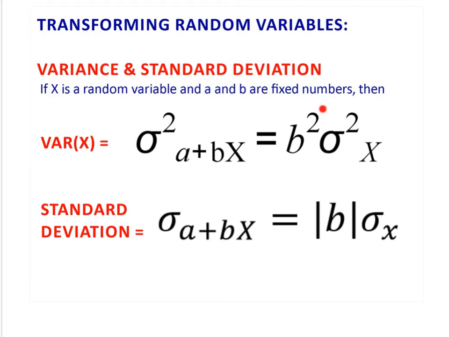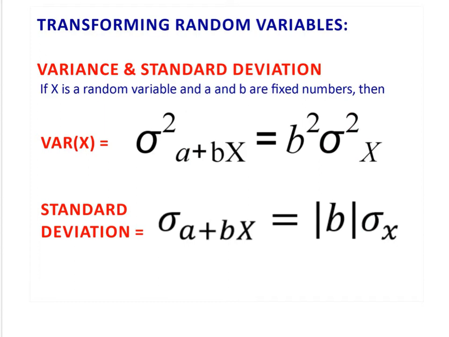B squared times my variance makes sense because both of those are squared. But if I'm dealing with my standard deviation, which is not squared, I'm just going to use the absolute value of B, because we cannot have a negative standard deviation. So B has to be positive when we multiply it by the standard deviation.